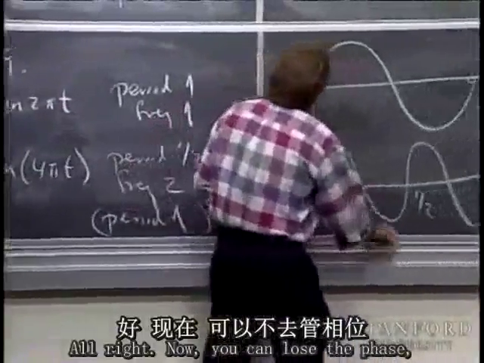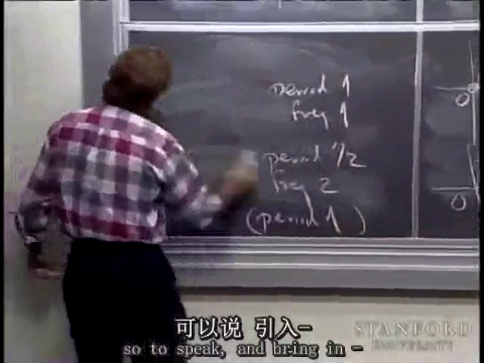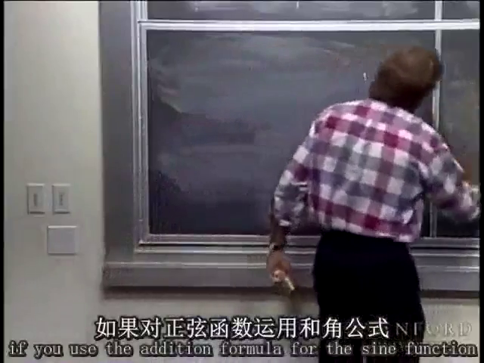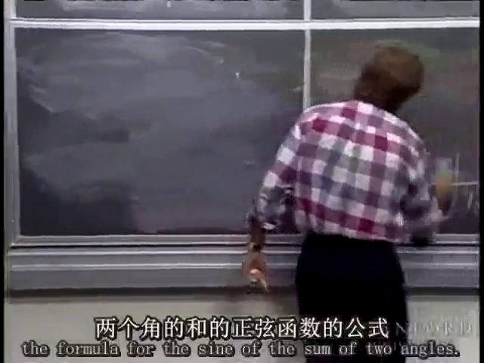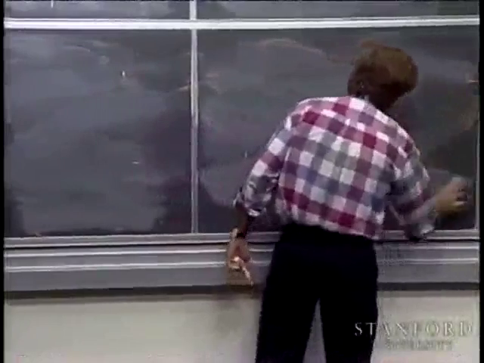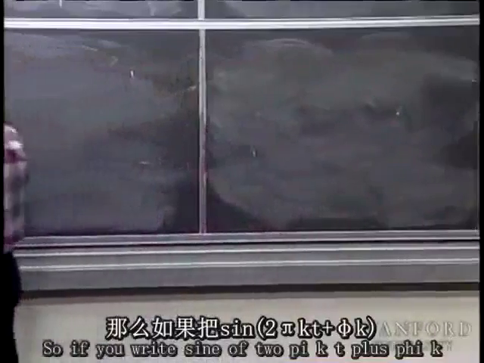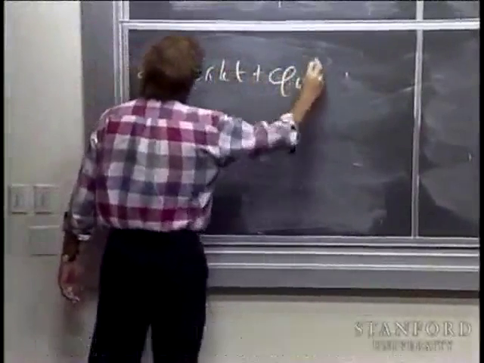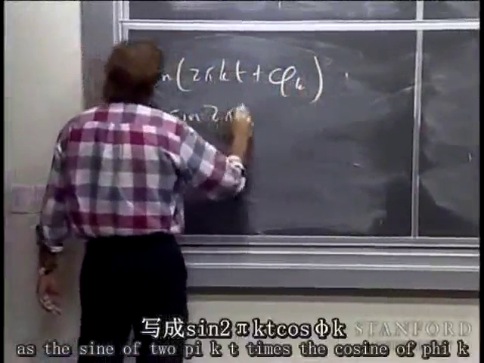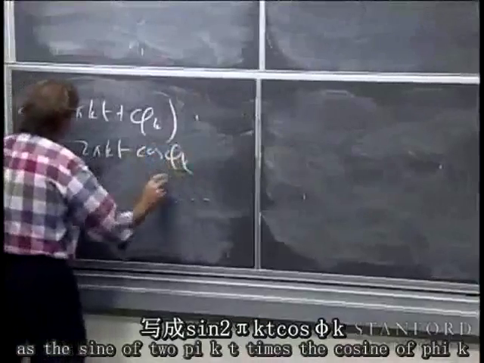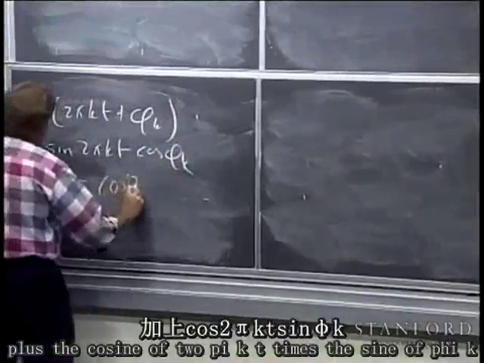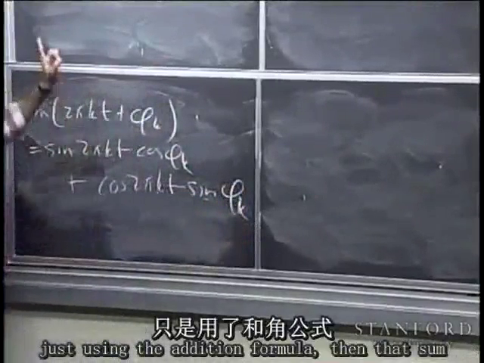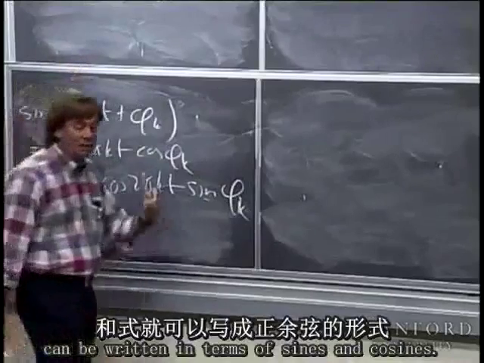You can lose the phase, so to speak, and write it in terms of sines and cosines if you use the addition formula for the sine function, that is, the formula for the sine of the sum of two angles. So if you write sine of 2 pi kt plus phi k as the sine of 2 pi kt times the cosine of phi k plus the cosine of 2 pi kt times the sine of phi k, then that sum can be written in terms of sines and cosines.